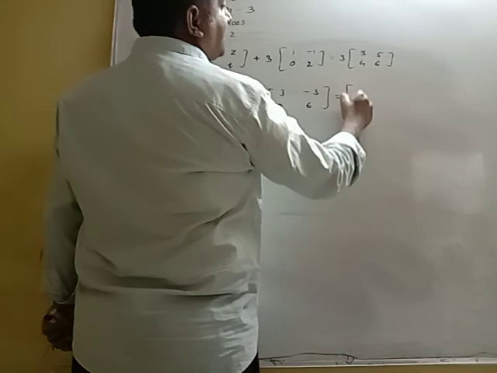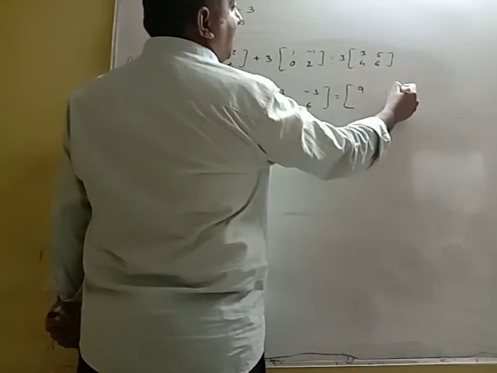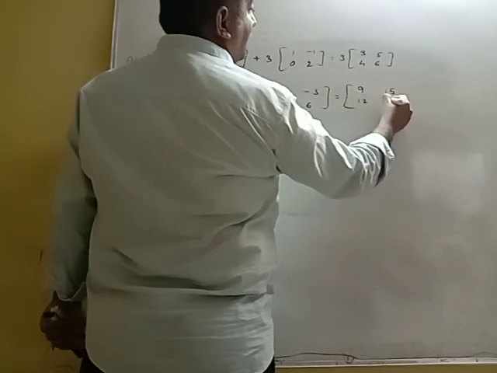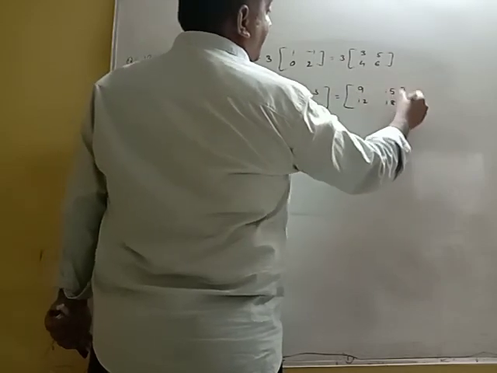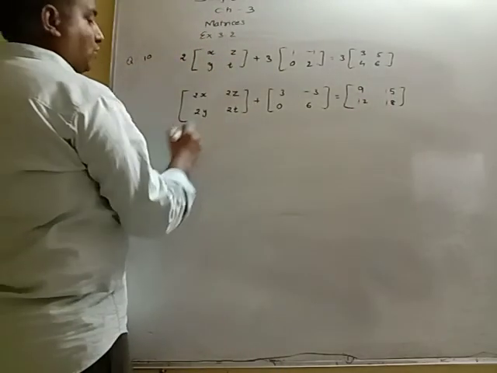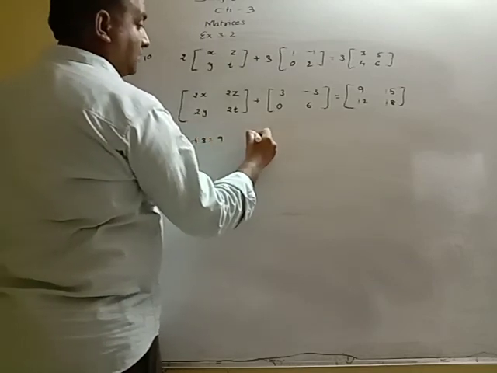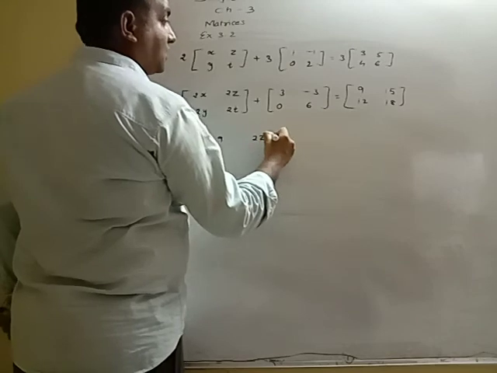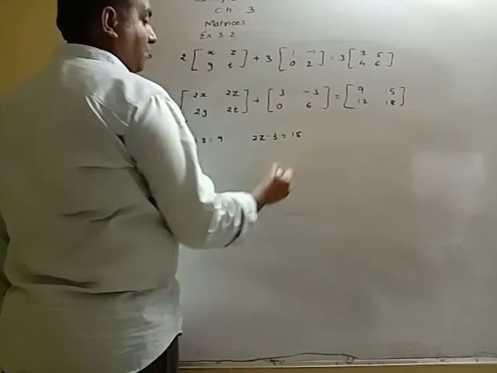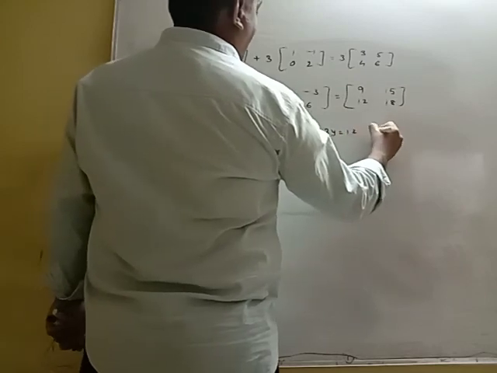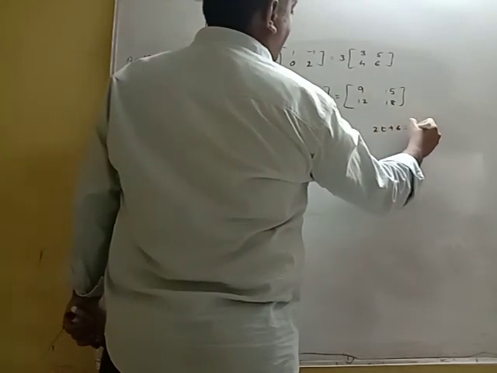Again 3 multiplied inside: 9, 15, 12 and 18. So we make the equations: 2x plus 3 equals 9, 2z minus 3 equals 15, 2y equals 12 and 2t plus 6 equals 18.